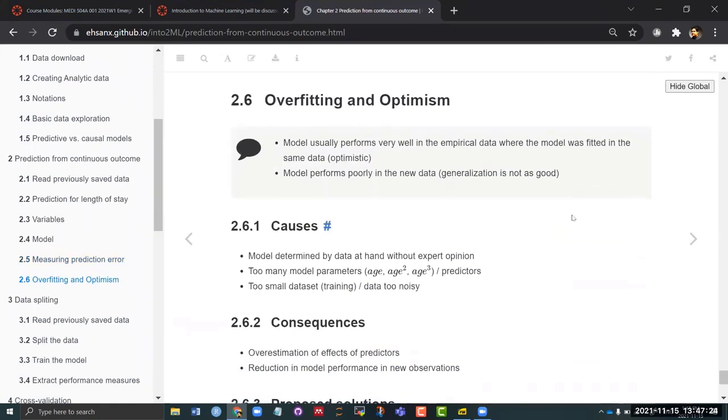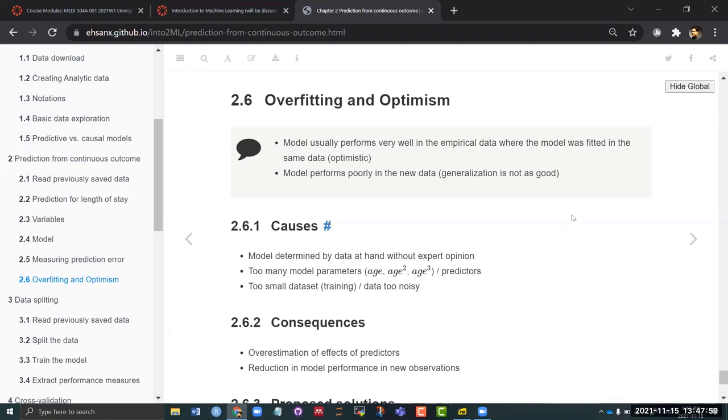Okay, so in this particular chapter, one of the last things that I want to cover is overfitting and optimism. What that basically means is that when you are using the same data to build your model and to predict, same data, nothing changed, the performance measures are going to state that your model is performing better.